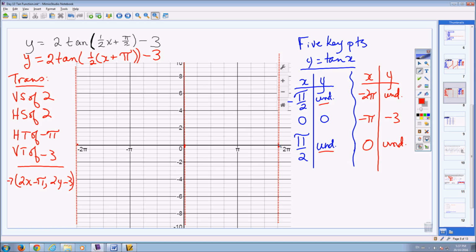We don't have to go wild, but showing 2 periods gives a good sense of what's happening. I know from the first 2 my period is 2 pi, so I just threw in another one 2 pi later. Now to find my inflection point, find your negative pi, negative 3, and here's your inflection point.